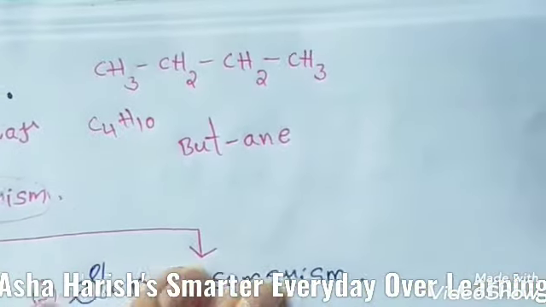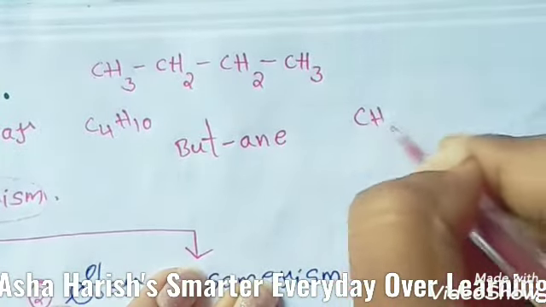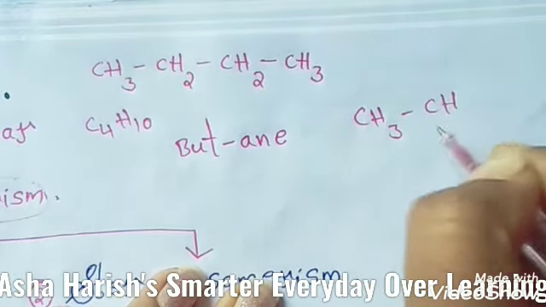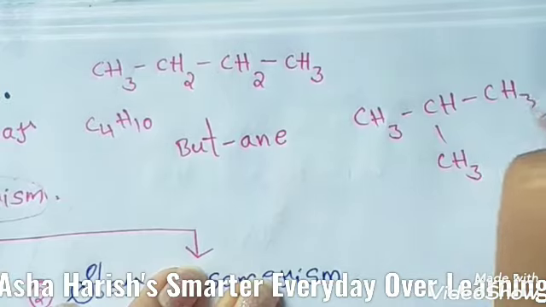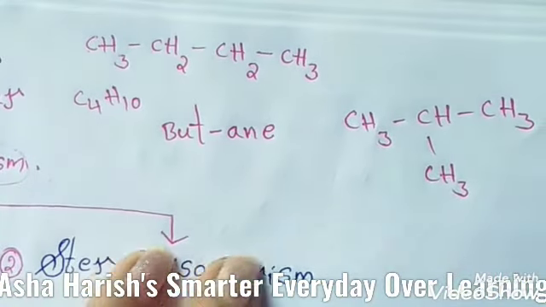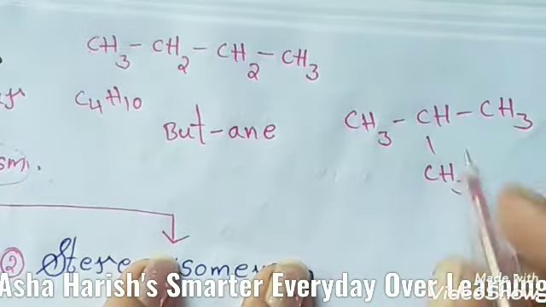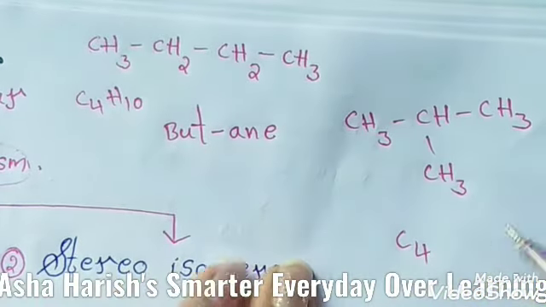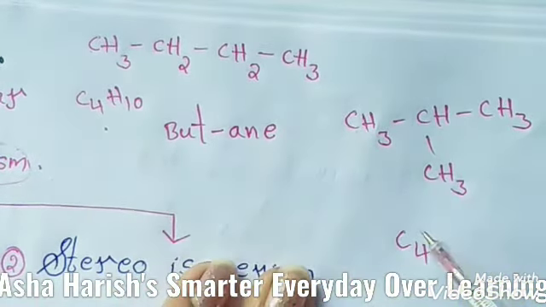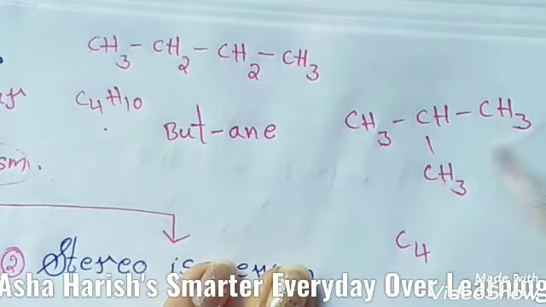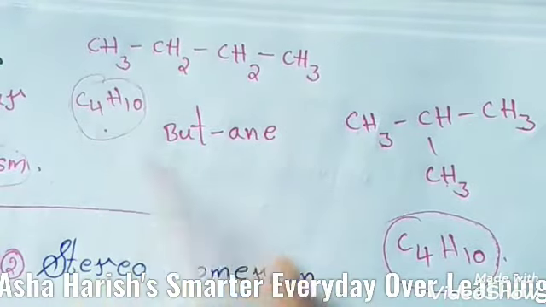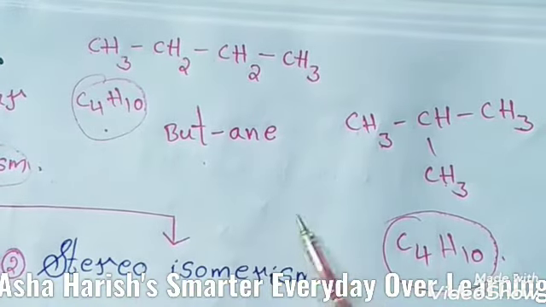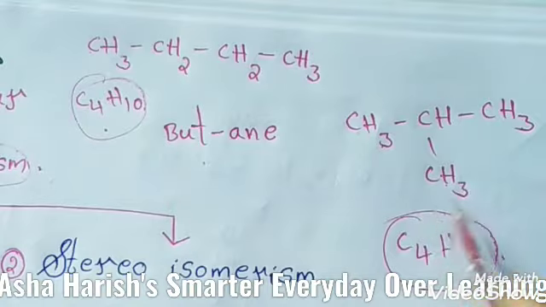Now, for the same formula, I am going to write CH3, and again CH3. If you count these atoms, 1, 2, 3, 4, that is C4, four carbons, and hydrogen is 3, 3, 3, 9 plus 1, 10, so H10. This is also C4H10, just like butane, but here a methyl group is located.